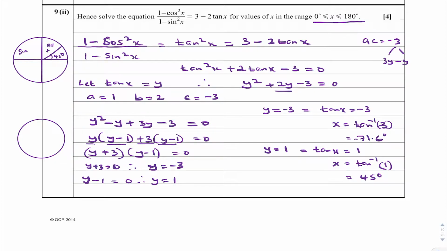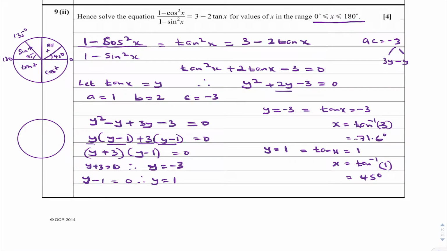Sine is positive here, tan is positive, and cos is positive. Now, tan 45, I'm going between 0 and 180 degrees as recommended. So the reflection of that is here. If that was 45 here, so this one here would be 135 degrees.